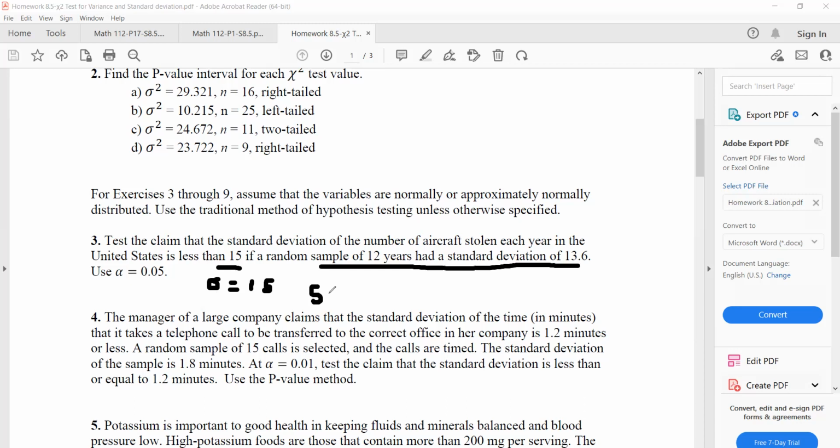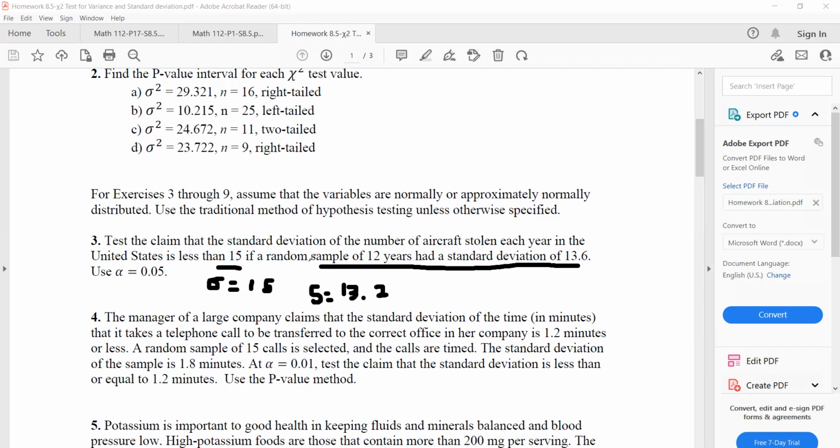This is sigma equals 15, and this random sample S here is 13.6. It turns out that when we do this formula, which we're going to do in just a little bit after we get done with the first two, my sample standard deviation and my population standard deviation are both part of the formula. So you have to be able to distinguish this.